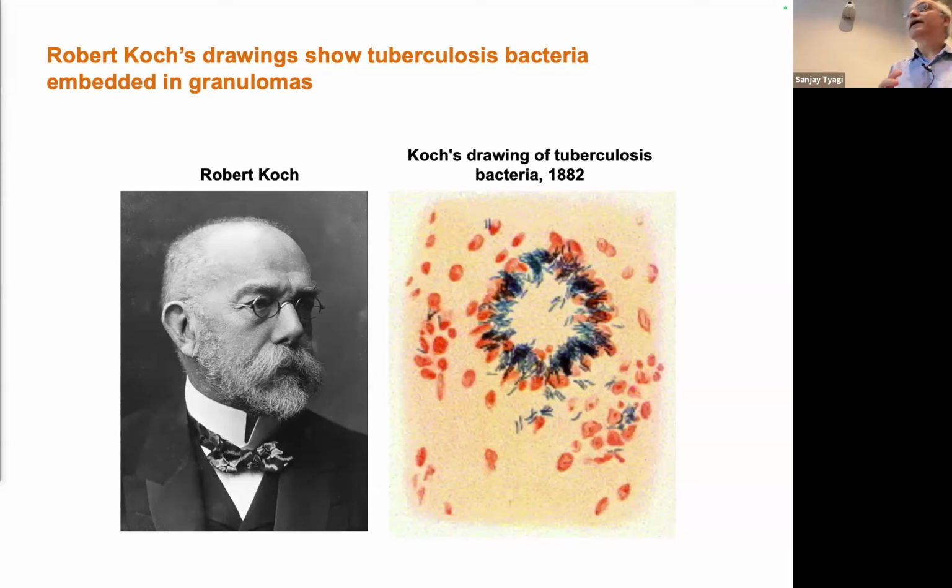And so he describes in this book how he was able to take inoculum from TB patients and in fact guinea pigs, and he was able to show that normally guinea pigs don't have much TB.